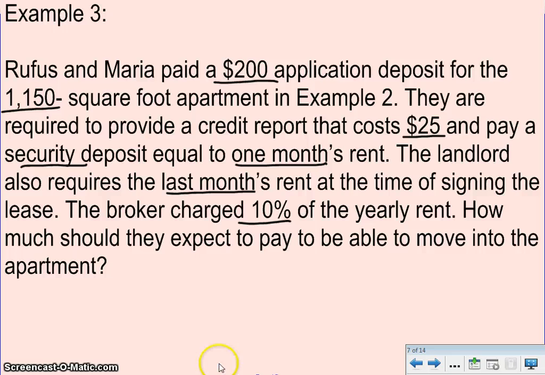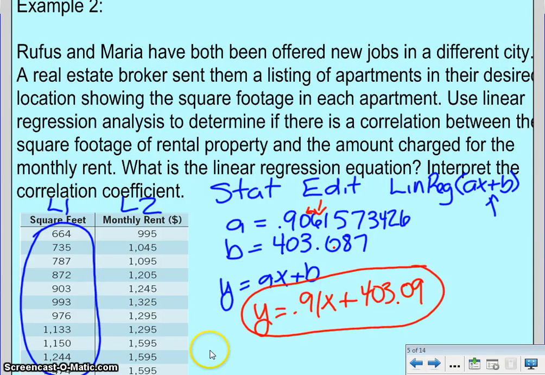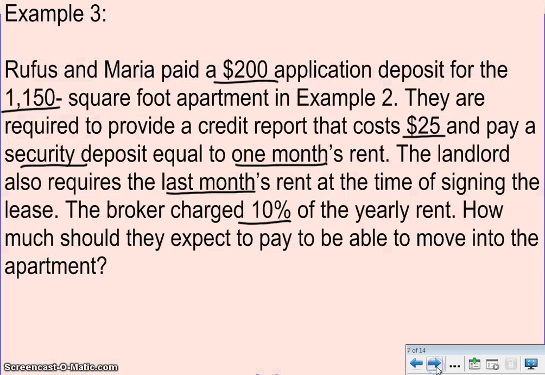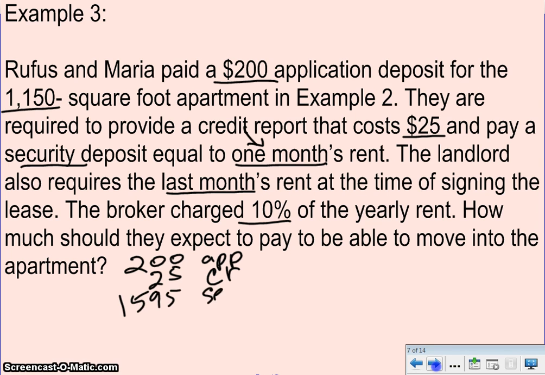All right, in order to find this out, let's go ahead and back up for just a second. If we look at our chart, it was talking about the 1,150 square foot apartment. So we're looking at $1,595 per month. So now let's just break all those costs out. We had a $200 application fee, a $25 credit report fee. 1 month's rent for security deposit, so $1,595 for the security deposit.